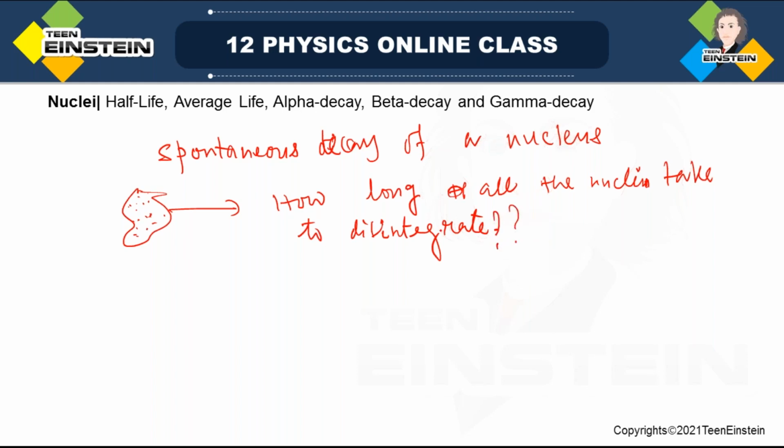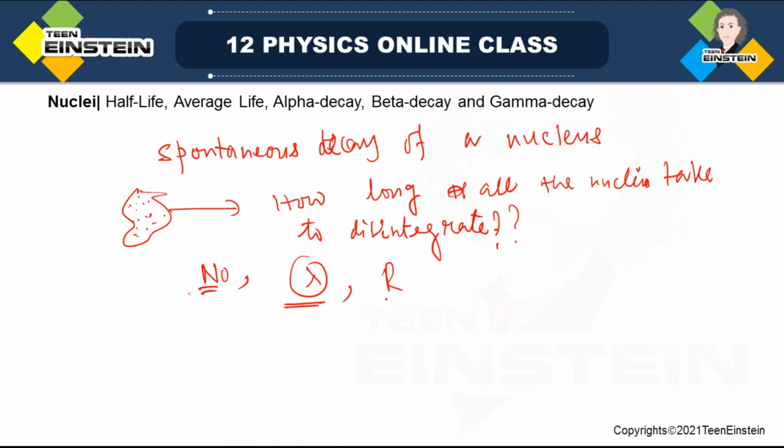So actually, to answer this, I'll tell you one more thing. Suppose you have been given a substance having N0 nuclei. After how much time will it decay? Actually, this depends on lambda, the initial number of nuclei, and also the decay rate.